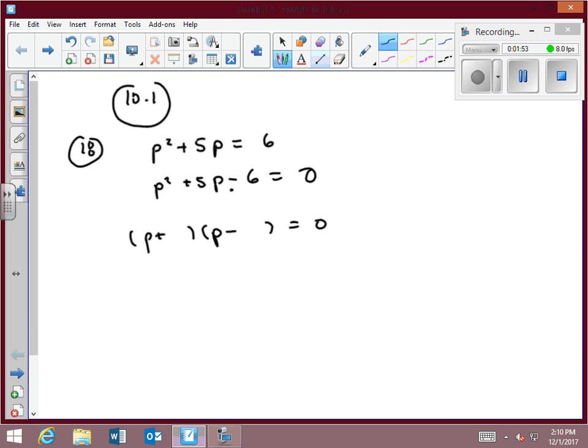The 6 is positive. The 1's negative. So now you're ready to apply the principle. So P equals negative 6 or P equals 1.